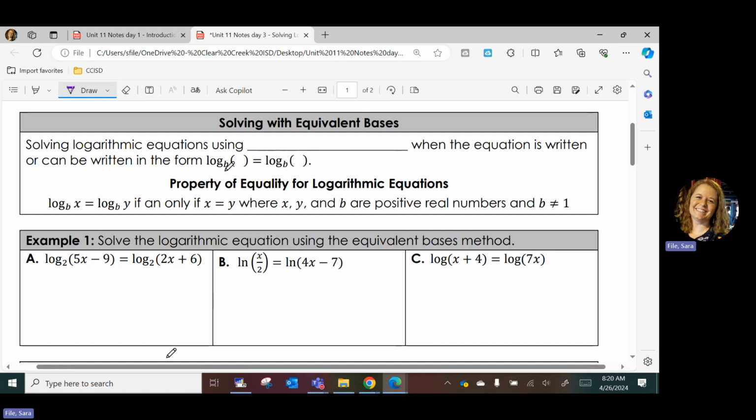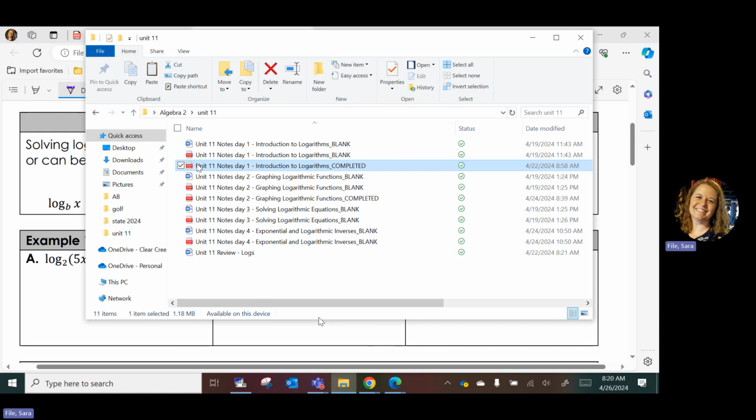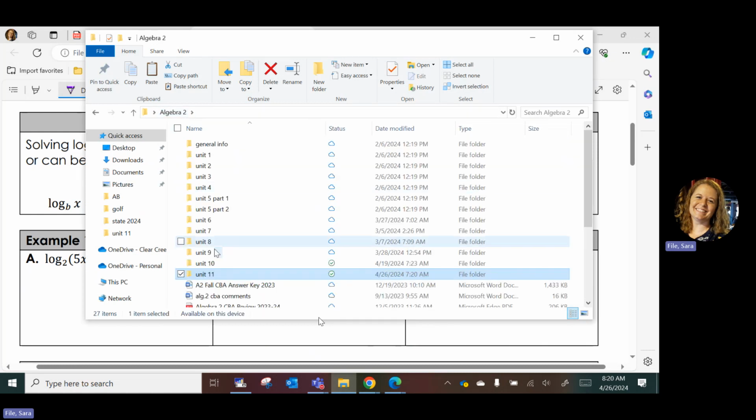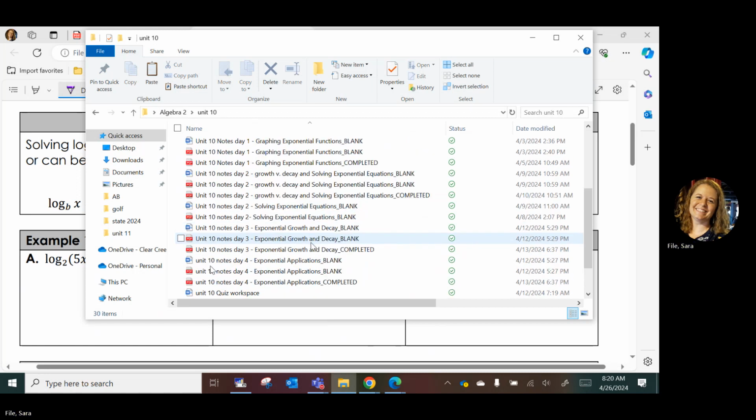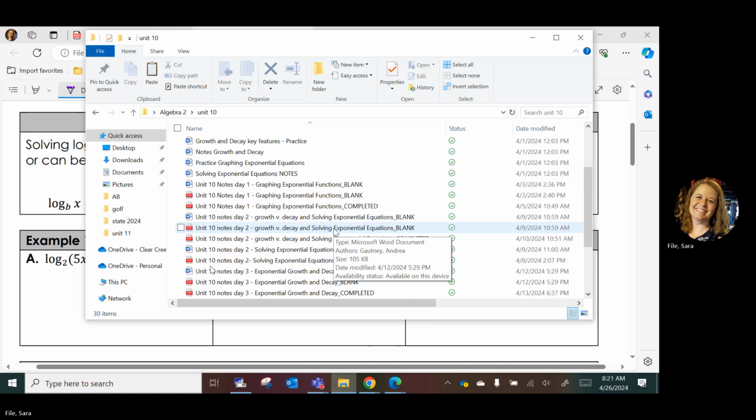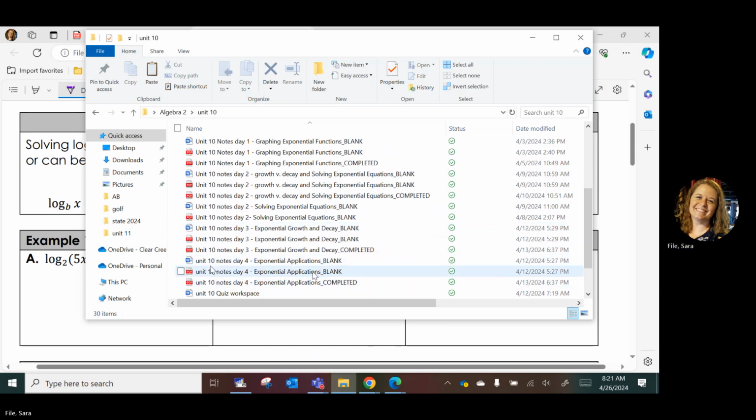This is very similar to our notes that we did on exponentials. And I'm actually going to pull those up real fast. Back in Unit 10, when we did exponentials, solving. Oh, why don't I have a completed one? That's weird. Day 3, those are all blank.